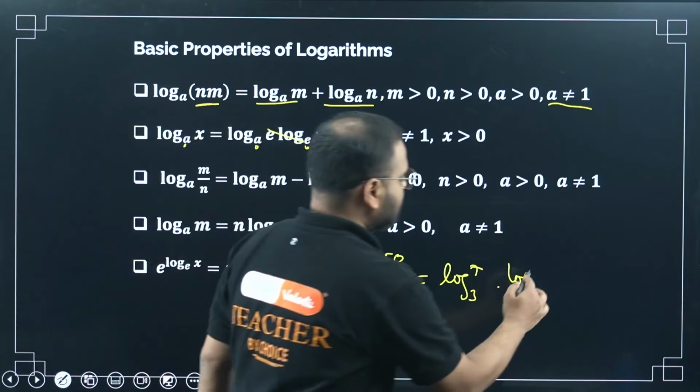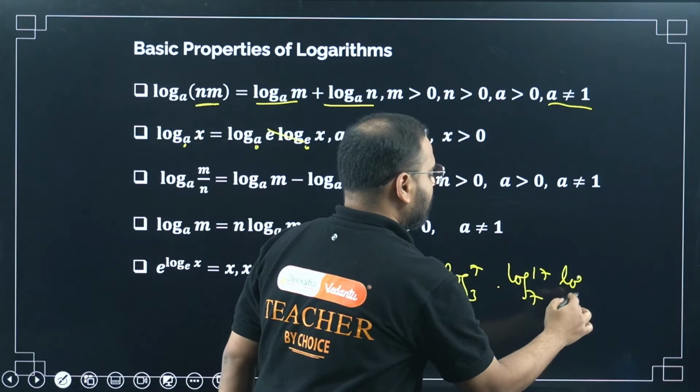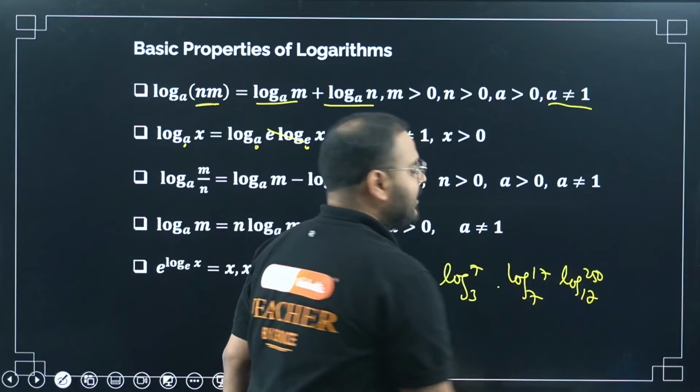Let's say I write 17, log 17 to the base 250. I can keep going on like this.